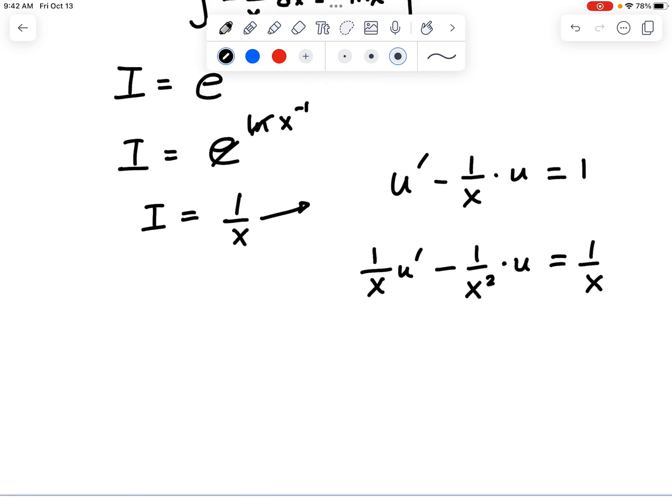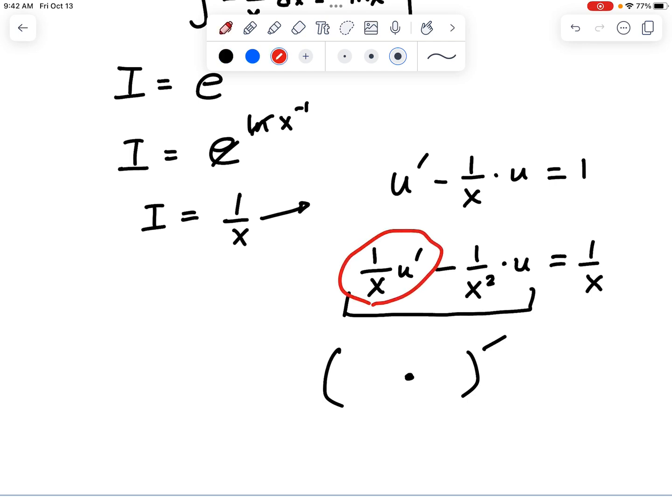And now that we've done that, this left side came from the product rule. And basically, if you just take this and put it in there without the u prime, that's where the product rule came from. So somebody did the product rule with a 1 over x and a u. And then that equals just 1 over x on the right side.